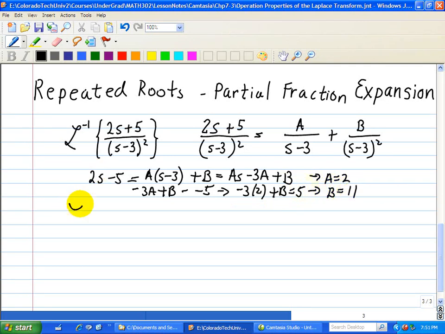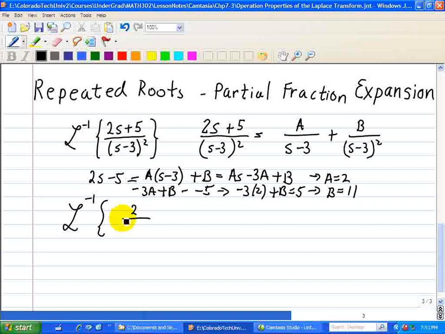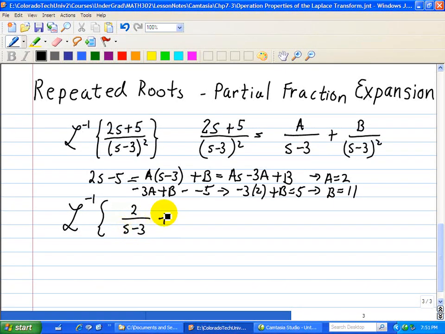So now we'll substitute those coefficients into our expansion, where A is now 2, so it's 2 over s minus 3 plus 1 over s minus 3 squared.